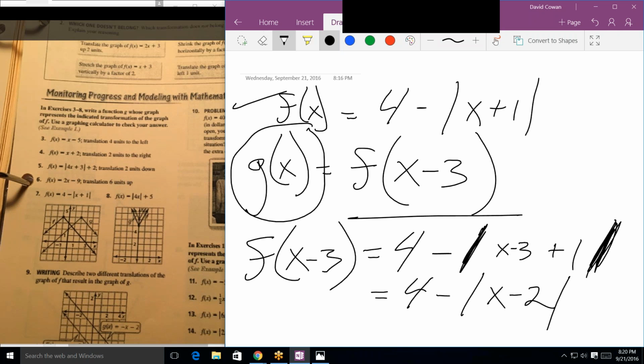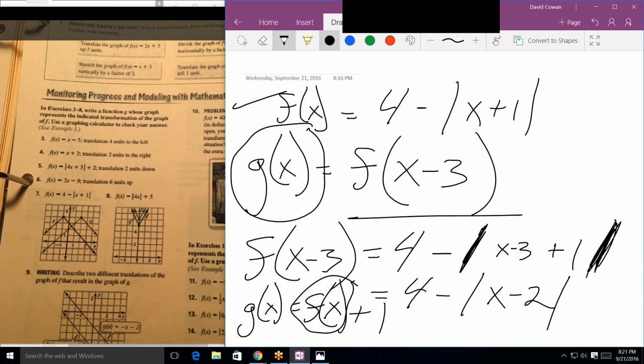By that I mean g of x is f of x with the 1 being outside the function because it's a vertical shift. So all you would do is find out what f of x is, which is listed right there, and add 1 to the end of it. So instead of plus 5, it's going to be plus 6.